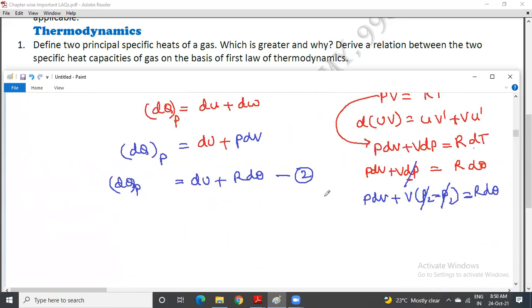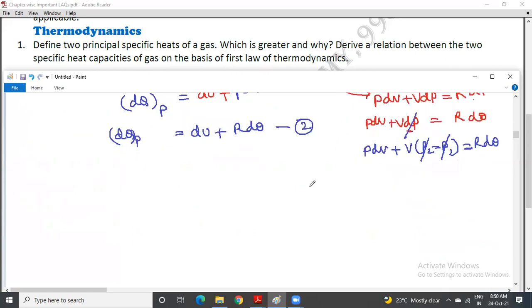Now there is another part: derive a relation between the two specific heat capacities of a gas on the basis of the first law of thermodynamics. In a simple manner, you'll get the answer. The relation between the two specific heats, Cp and Cv.